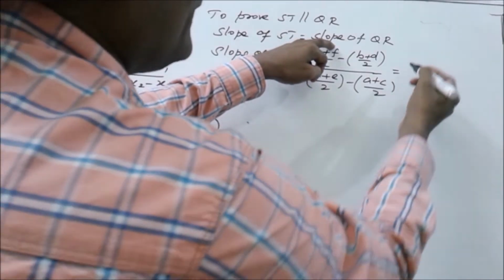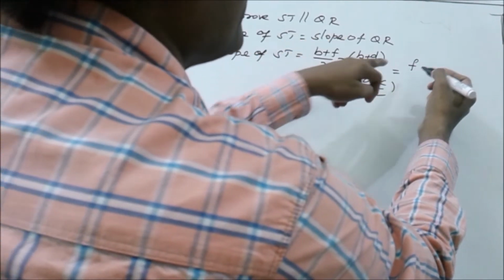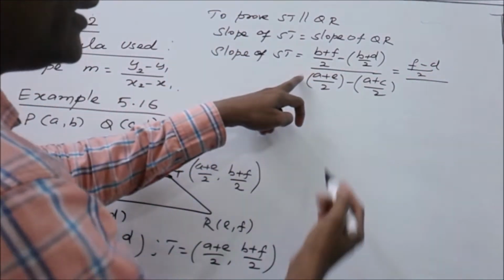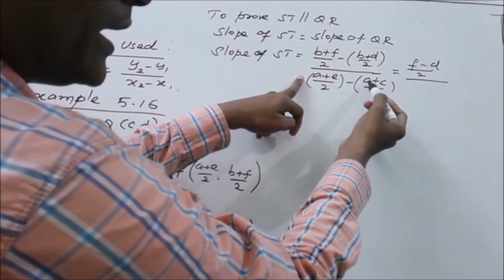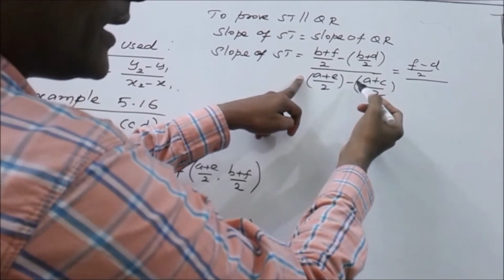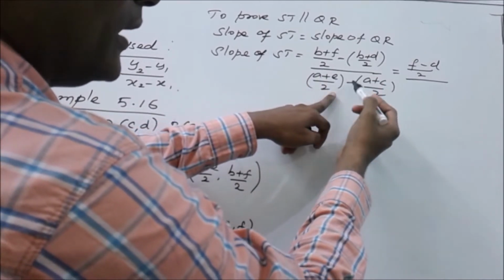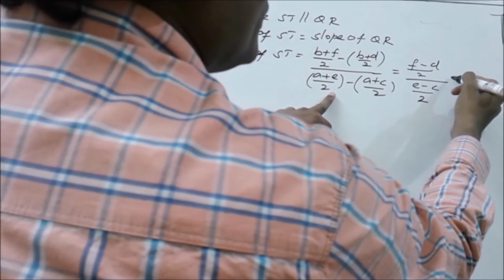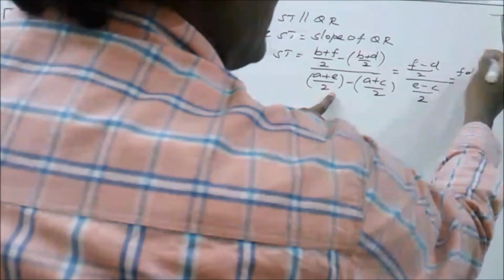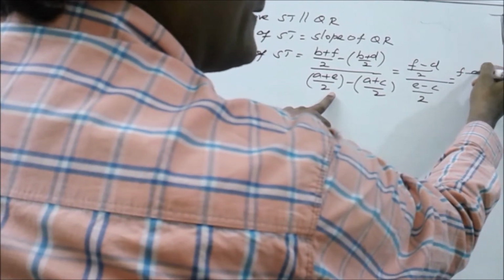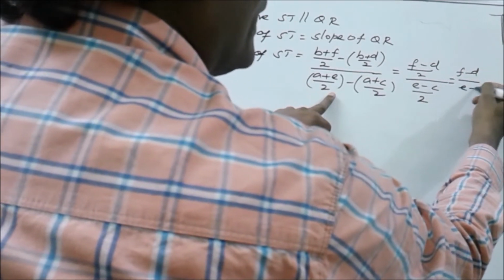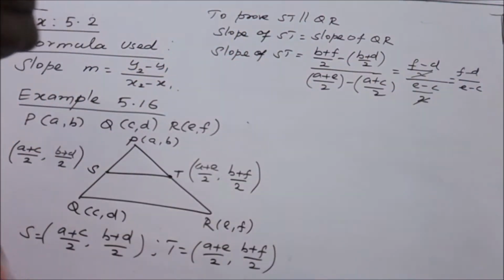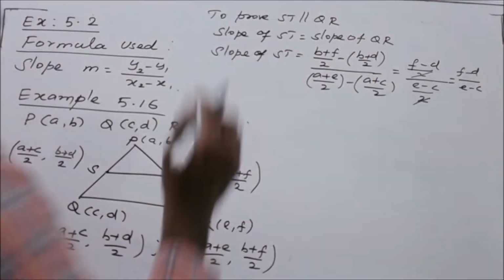The remaining is (F minus D) divided by 2, whole divided by, in the same manner, plus A and minus A get cancelled. The remaining is (E minus C) divided by 2. The 2s also get cancelled. So F minus D by E minus C. This is the slope of ST.